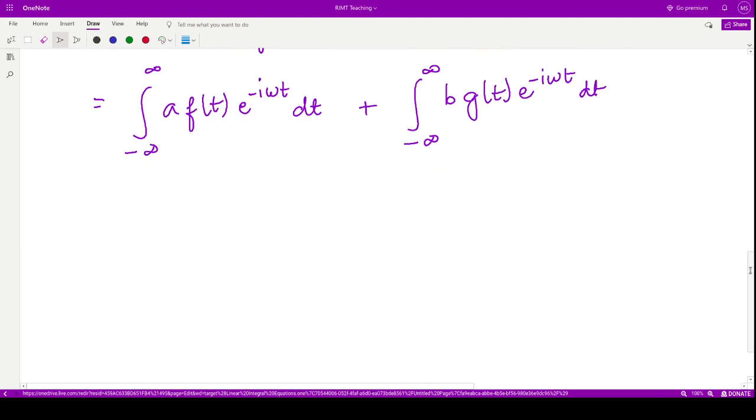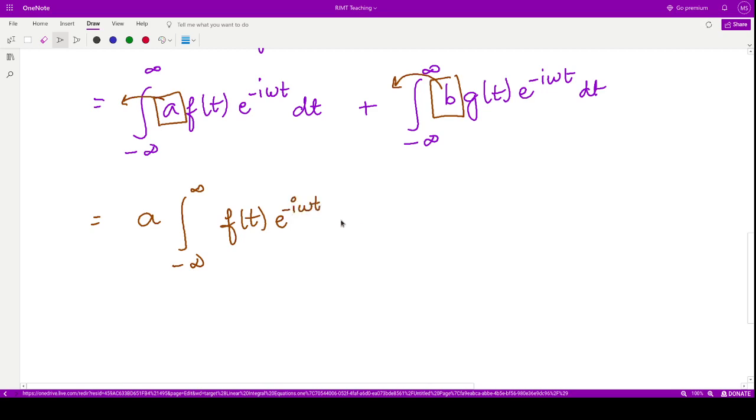Now what else can I do? Because integration is a linear operator, and a and b are constants, they can be taken out of the integration sign. So we can write this as a times the integration from minus infinity to infinity of f of t e to the power minus iota omega t dt, plus b times the integration from minus infinity to infinity of g of t e to the power minus iota omega t dt.